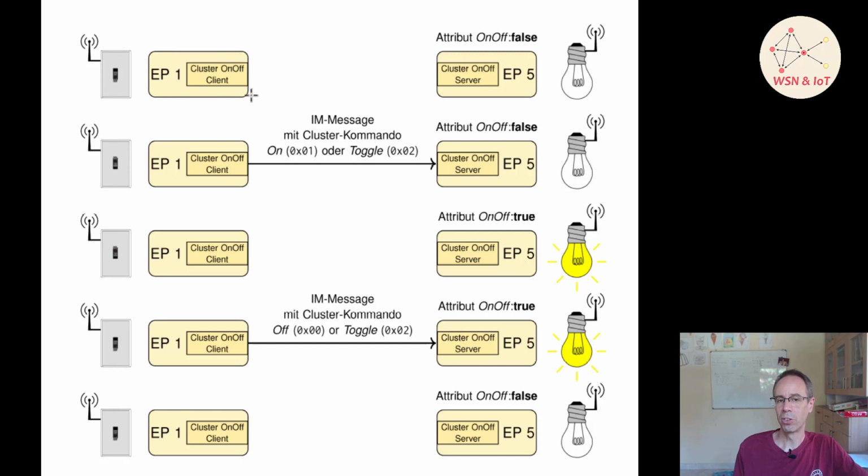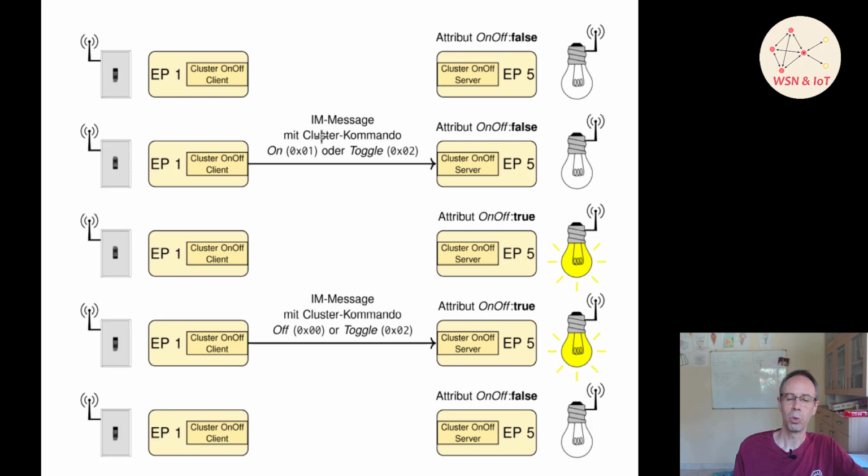Let's see an example. We have here a switch. This is a client on-off cluster, and we have here a lamp, which is a server on-off cluster. At the start, the attribute has the value false, and the client can then send a cluster command, an IM message, which is called an interaction model message.